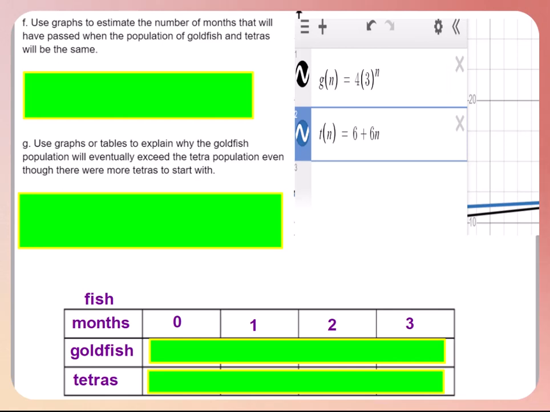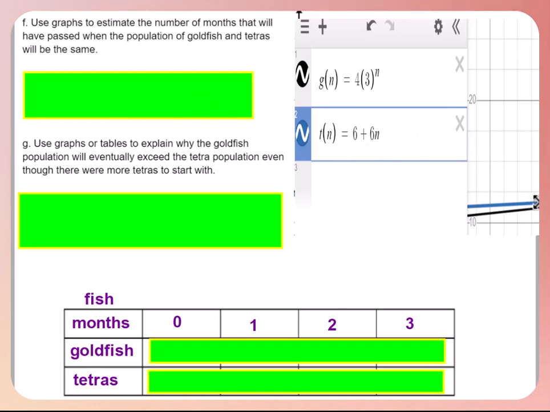All right, part F, use graphs to estimate the number of months that will have passed when the population of goldfish and tetras will be the same. So I have these two functions. The exponential function, g of n equals 4 times 3 to the n, and then for the tetras, t of n equals 6 plus 6 times n.